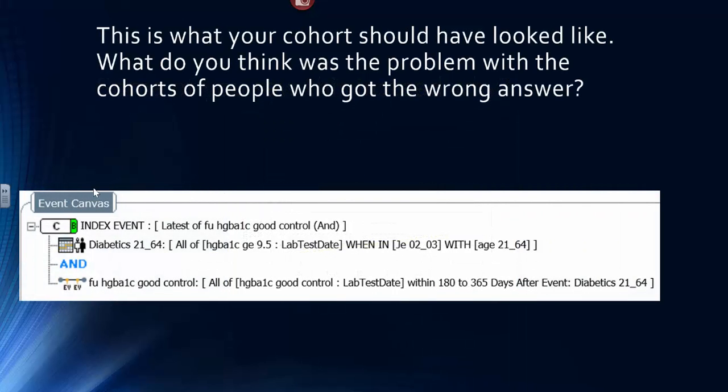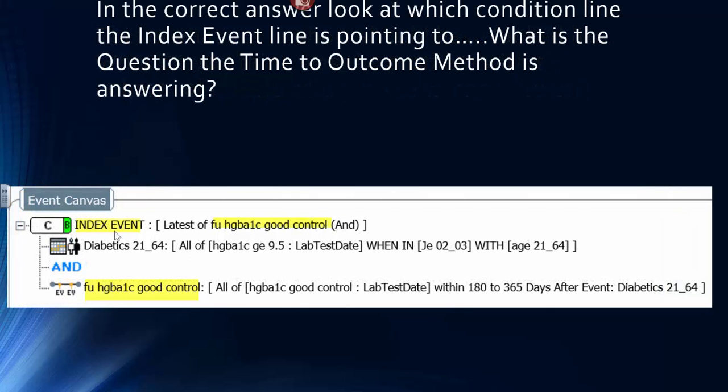So this is what your cohort should have looked like. Remember, we were looking at a group of people who had initially had a bad hemoglobin A1C. The hemoglobin A1C was 9.5 or greater in June of 02 to 03 for people who were aged 21 to 64. And they had a follow-up hemoglobin A1C of good control 180 to 365 days later. And our index event line was pointing at the follow-up hemoglobin A1C line. That is, the index date was being taken at the time of the good control.